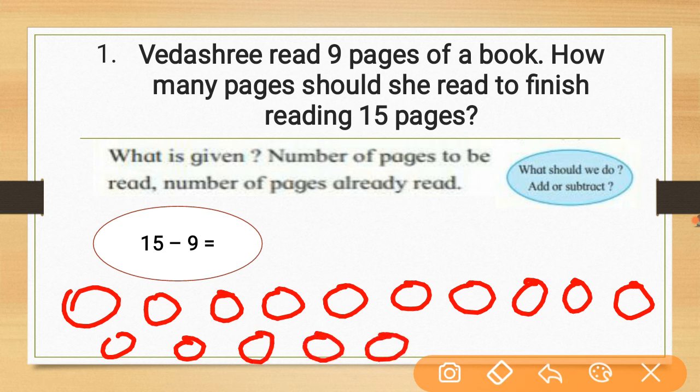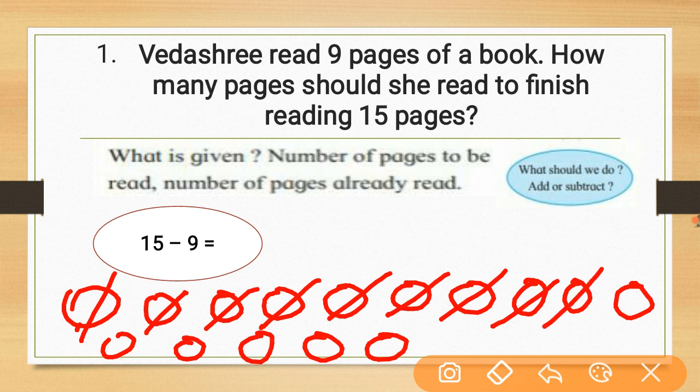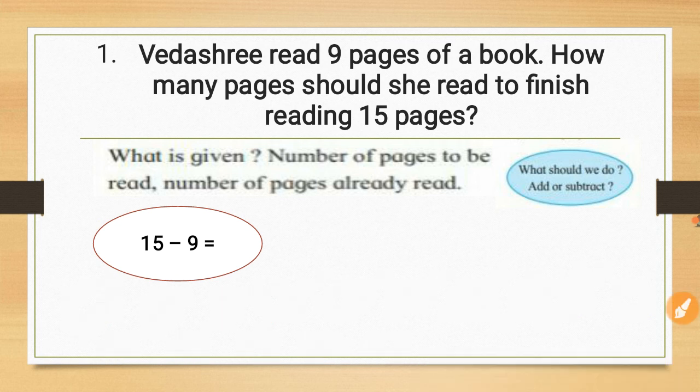From these 15 circles, we have to take out 9 circles. 1, 2, 3, 4, 5, 6, 7, 8, 9. How many circles are remaining here? Just count it. 1, 2, 3, 4, 5 and 6. 6 circles are left here. So our answer here is 6.